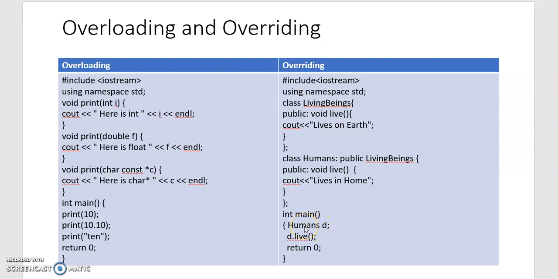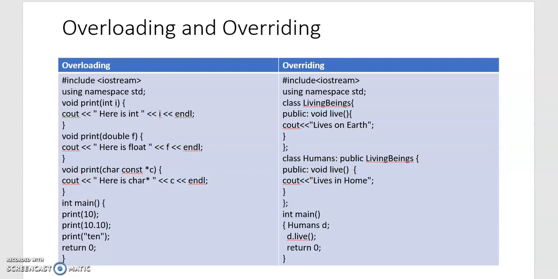It is not going to run the base class function, but it is going to run the function of the derived class. I hope that point is clear. You can access this PPT, run the program in your compiler and see the difference. I hope that point is clear with respect to overloading and overriding.